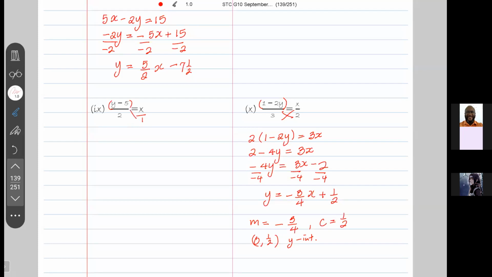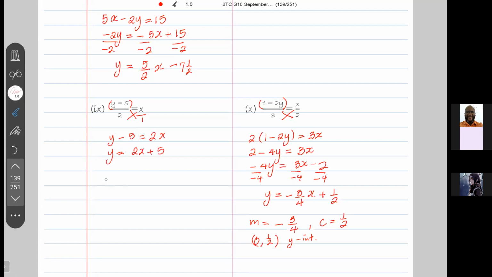So 1 times (y minus 5) is y minus 5. Whenever you multiply something by 1, it remains the same. 2 times x is 2x. So this is much simpler. y is equal to 2x plus 5.